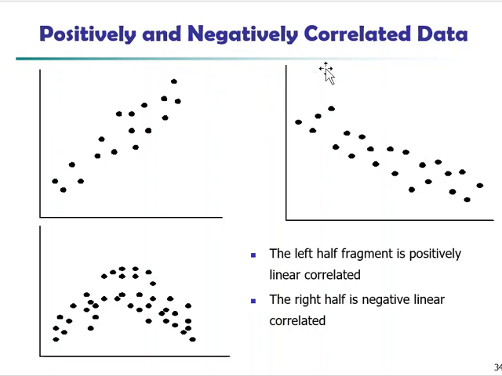This example depicts a fairly strong negative linear correlation, where we can tell that the greater the value on the x-axis, the smaller the value on the y-axis.